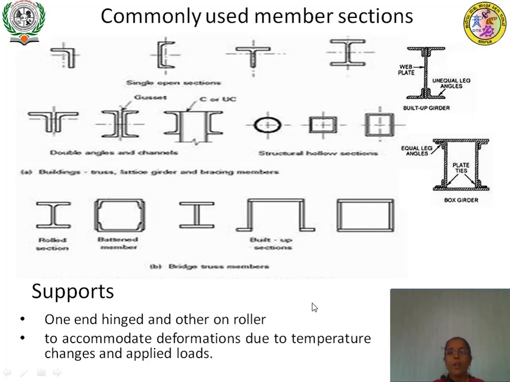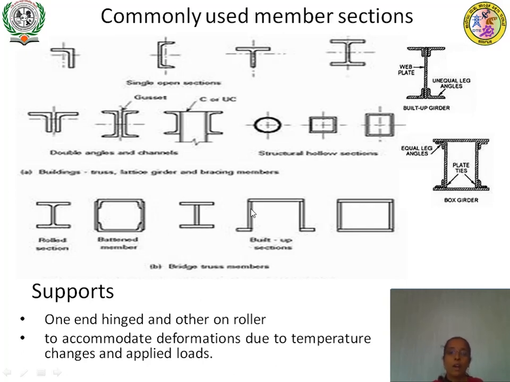Why is some accommodation given to slide? Because normally the trusses are made of steel sections, and we need to accommodate the deformations due to temperature changes and applied loads, mainly temperature changes. When the temperature changes, definitely the steel section is going to elongate.